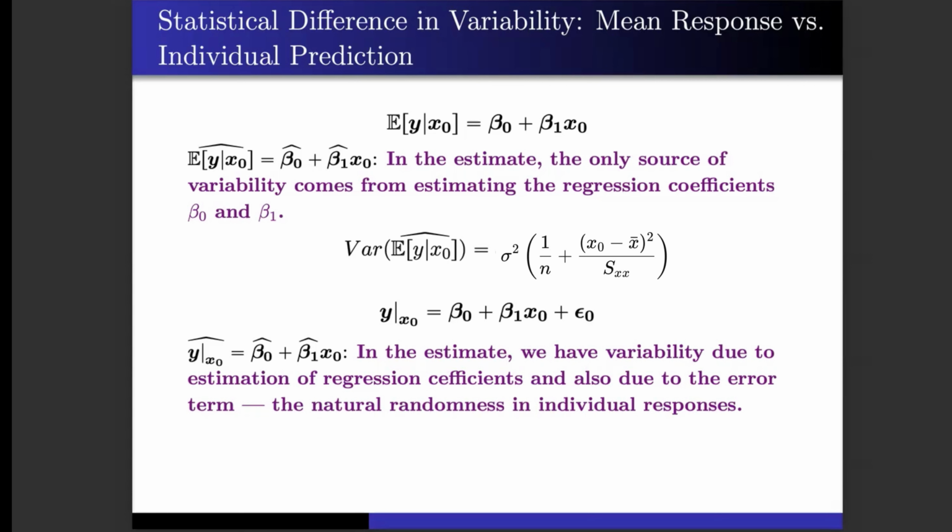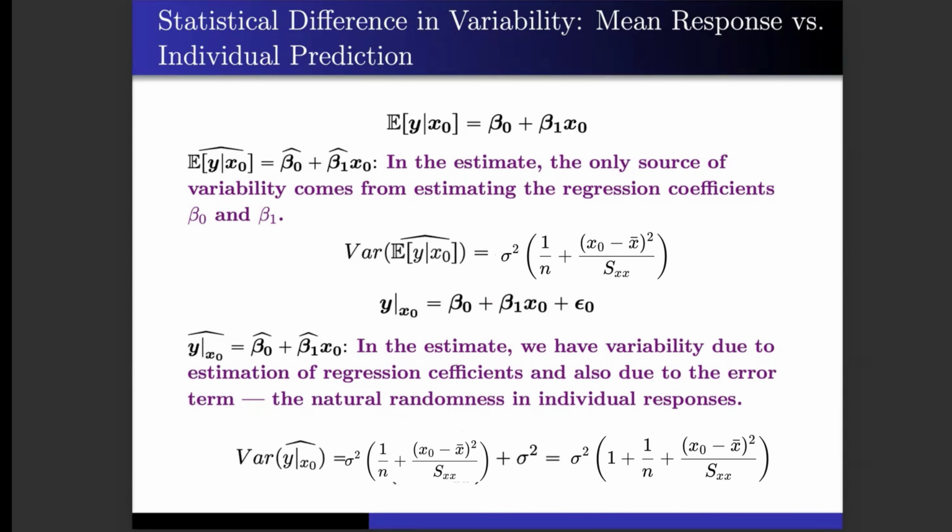So in this estimate, we have uncertainty due to model estimates beta naught and beta 1, and also the randomness in individual responses. And therefore, the variance of an estimate of y at point x naught is equal to sigma square times 1 divided by n plus x naught minus x bar whole square divided by sxx, which is the variance we have due to model estimates, plus sigma square, the variance we have because of the error term.